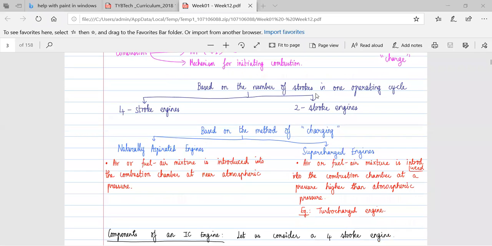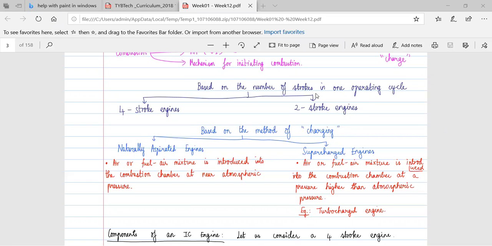Based on the strokes, meaning how many strokes are achieved inside the combustion chamber whenever combustion happens, there is obviously a compression and decompression of the piston with respect to the assembly. This is the movement of the piston, which is attached to the crankshaft.